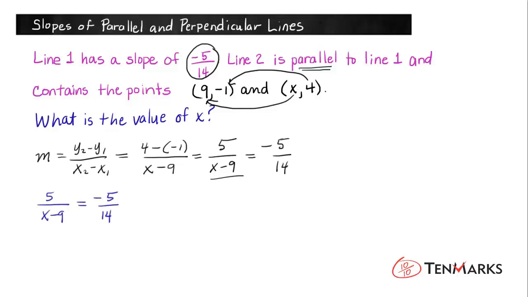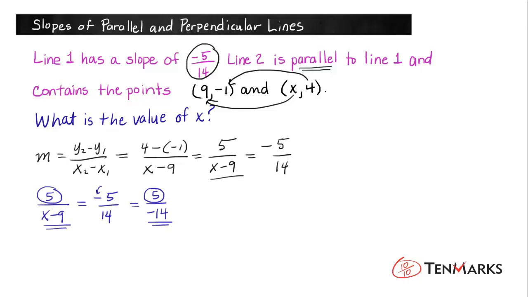equals negative 5/14. Now we can cross multiply and say 5 times 14 and negative 5 times x minus 9, or we could notice that if we move this negative sign to the denominator, which is allowed, and instead of writing negative 5/14, write 5 over negative 14, which is the same value, then we have the same numerators, 5 and 5, and we can just simply take these denominators and set them equal to each other.